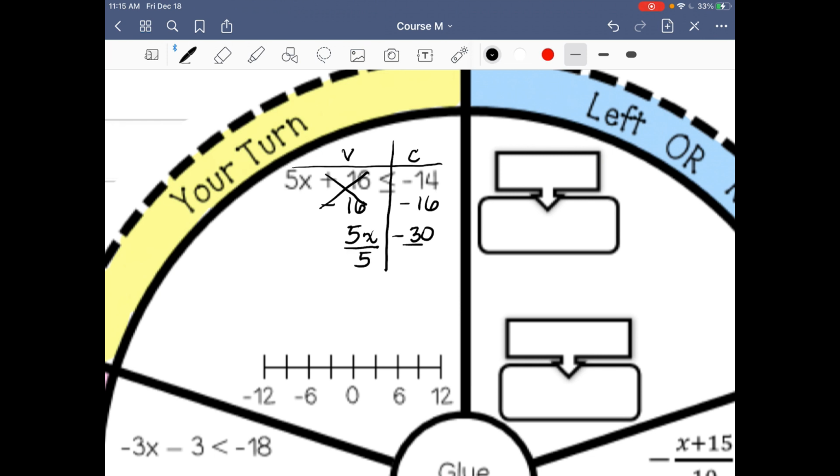I'm dividing by a positive 5 this time. So x is less than or equal to negative 6. Draw the interval at negative 6. It is closed, and we are going below.